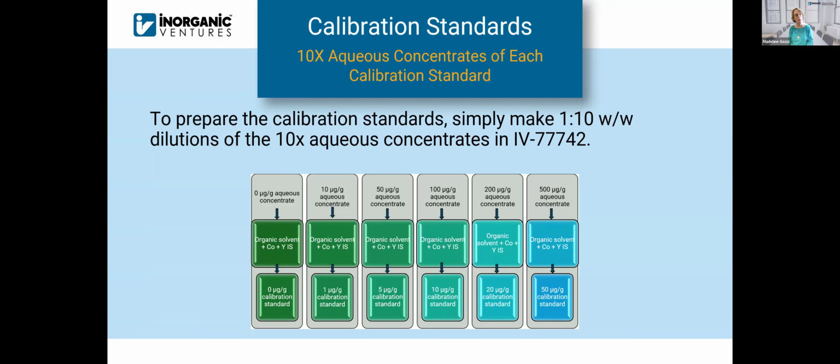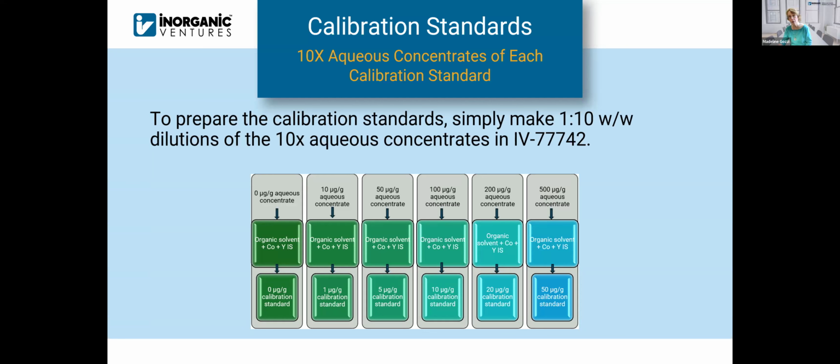So you can see here that the aqueous standard concentrates range from 0 up to 500 ppm. The 1 to 10 dilution is giving you the final concentrations of 500 down to 50 ppm, et cetera, for all of those calibration standards.